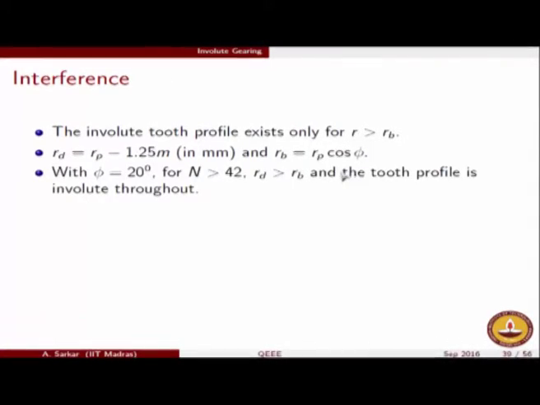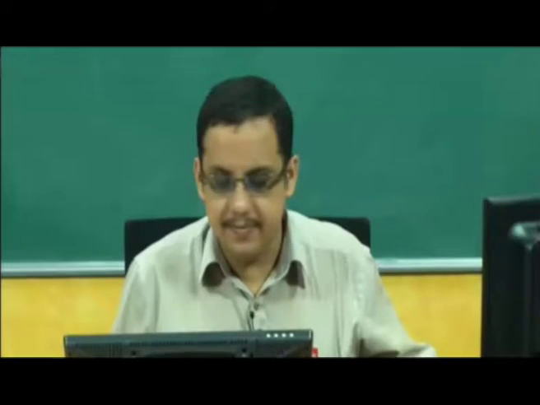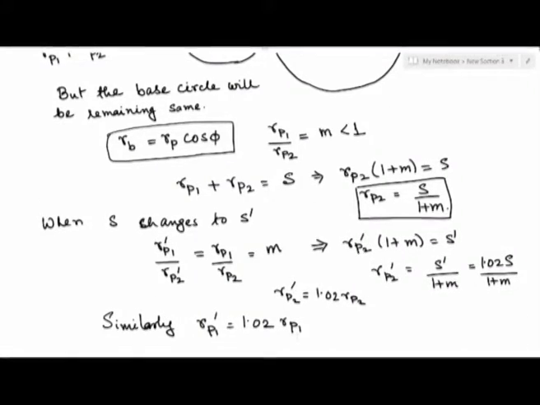Using these two relations, we can find out that for a pressure angle phi of 20 degrees, there is a particular number of teeth after which the dedendum circle is actually more than the base circle radius. Let me just quickly elaborate or sketchily prove this idea to you.